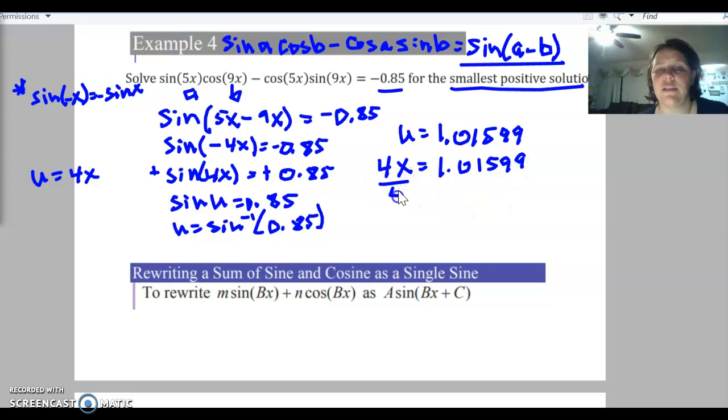And divide both sides by 4. And that will give us our final solution for x, which is 0.253996. And there you go. That should get you through the rest of that assignment.